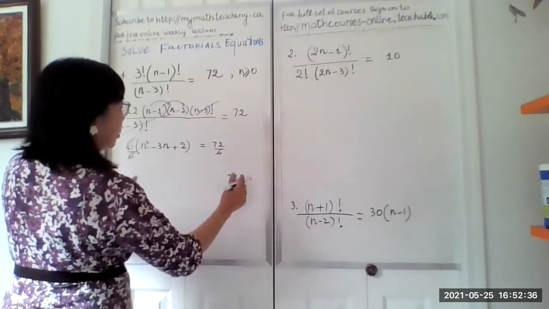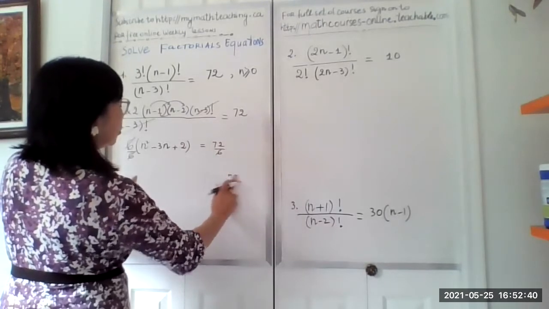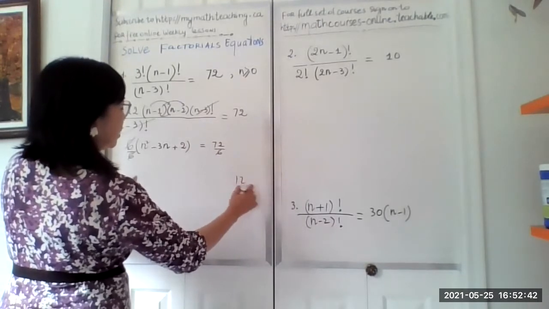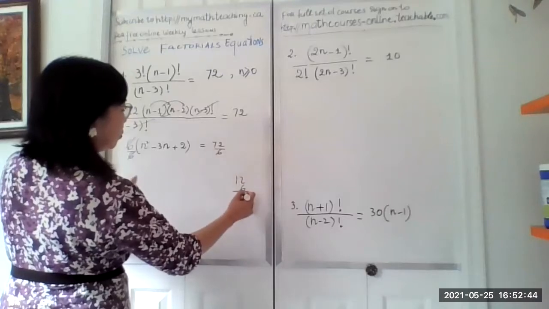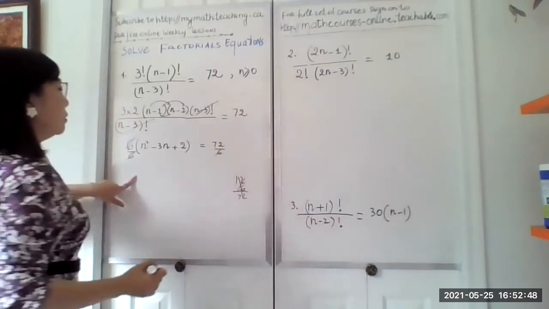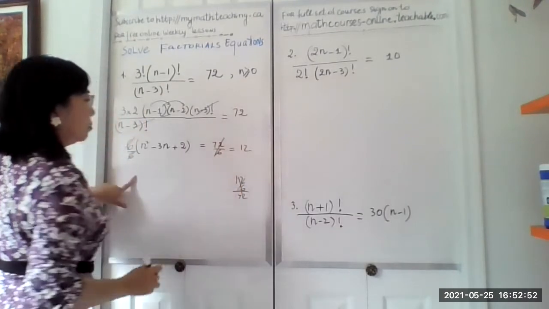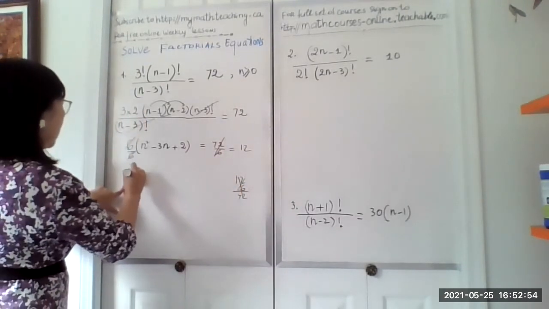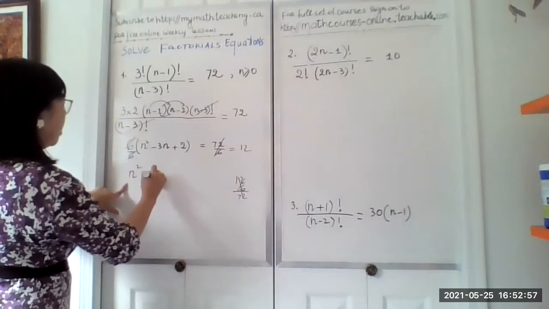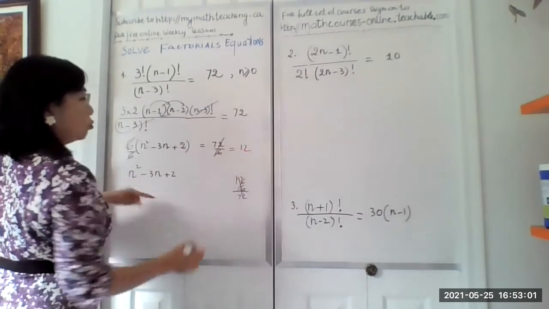Sorry, 72 divided by 6 is 12. So 12 times 6 should be equal to 72. That's right. So 72 divided by 6 equals 12. So we can cancel this as well. So now we have n squared minus 3n plus 2 equals 12.